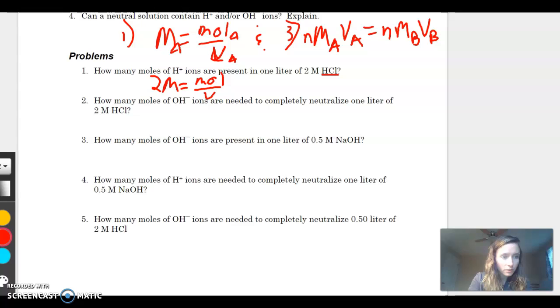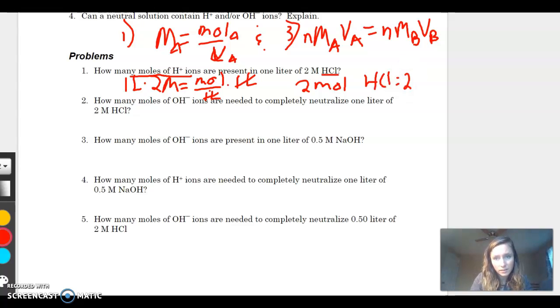So the volume is, let me just write 1 liter down here. So to solve for moles of H+ ions, we're just going to multiply each side by 1 L, and that will get us 1 times 2 is equal to 2 moles of HCl, which is the same thing as 2 moles of H+ ions.